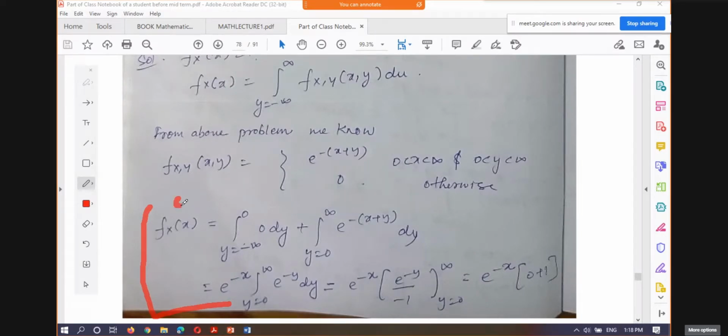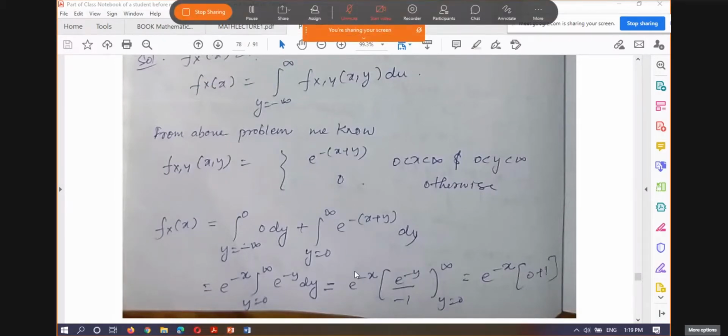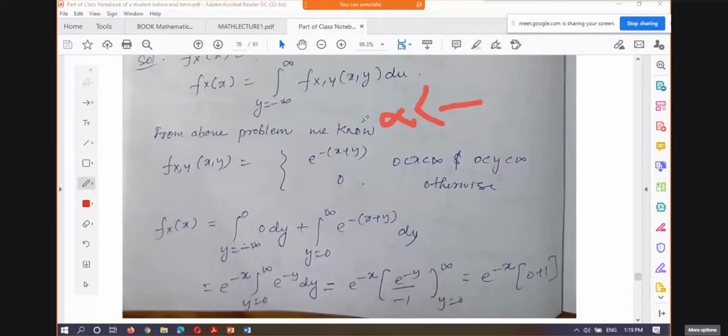It is the case when x is greater than 0 and less than infinity, because you are calculating the density function for the random variable x, so you have to specify its values for all x lying between minus infinity and plus infinity.